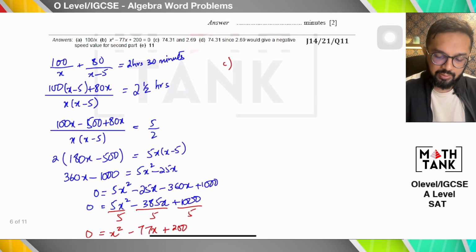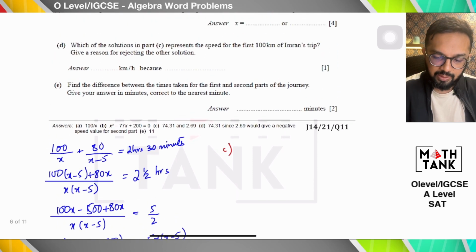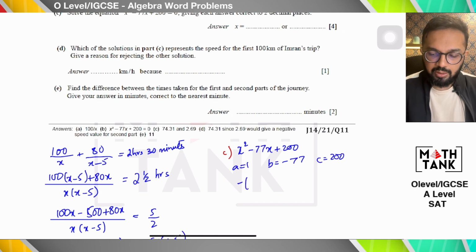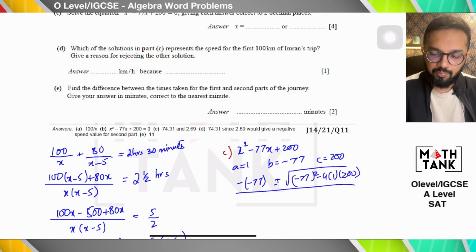I have my equation x square minus 77x plus 200. So a is 1, b is minus 77, c is 200. Minus b plus minus root of b square minus 4ac over 2a.